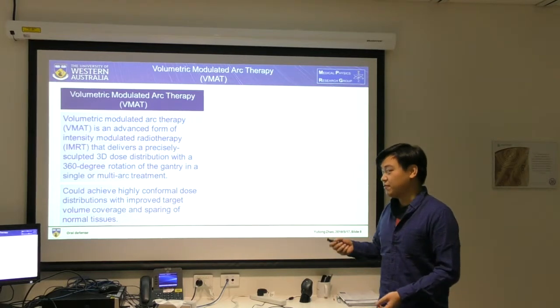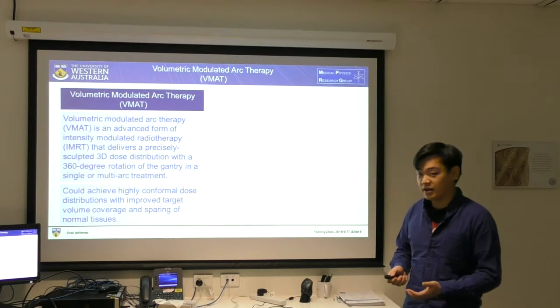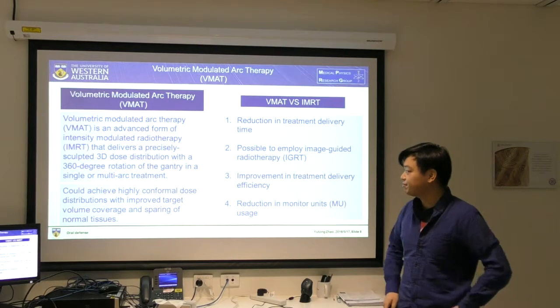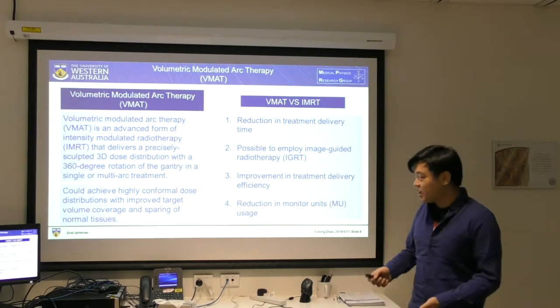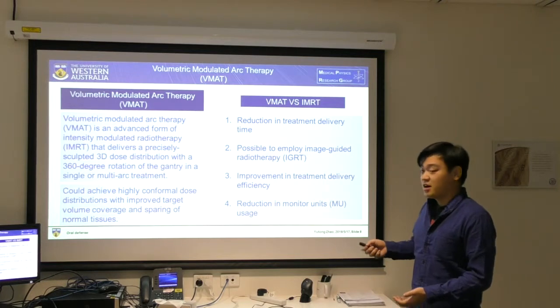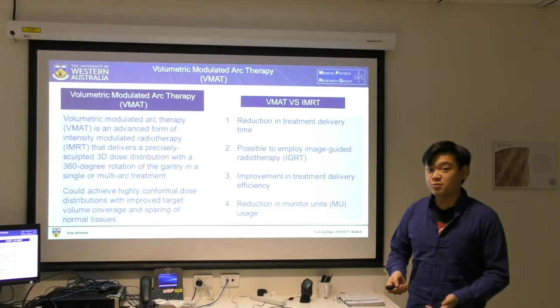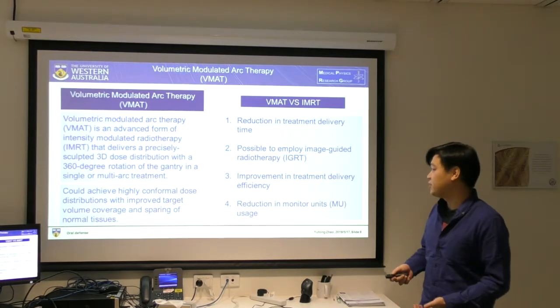In this way, VMAT can achieve highly conformal dose distribution with improved target volume coverage and sparing of normal tissues. Compared with IMRT, VMAT has a lot of advantages. The biggest advantage is that VMAT could significantly reduce the treatment delivery time, which gives us the possibility to employ the image-guided radiotherapy tool.